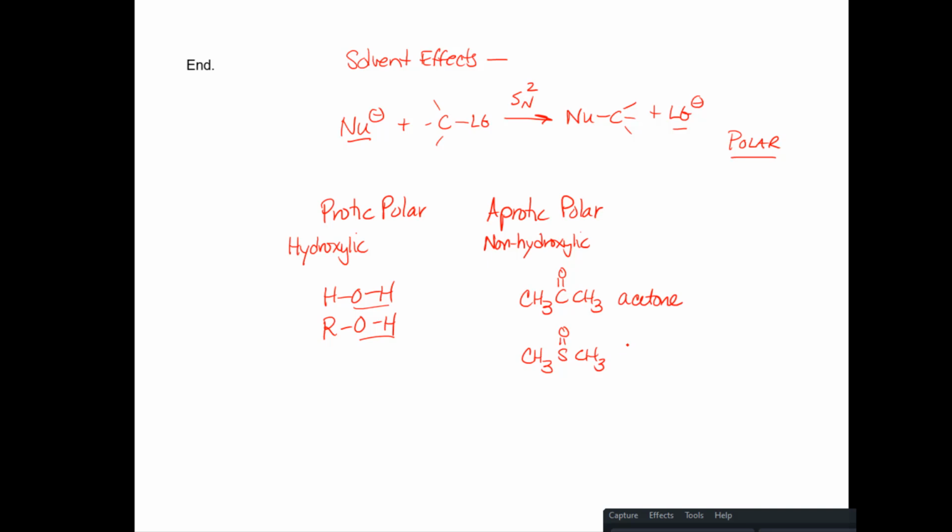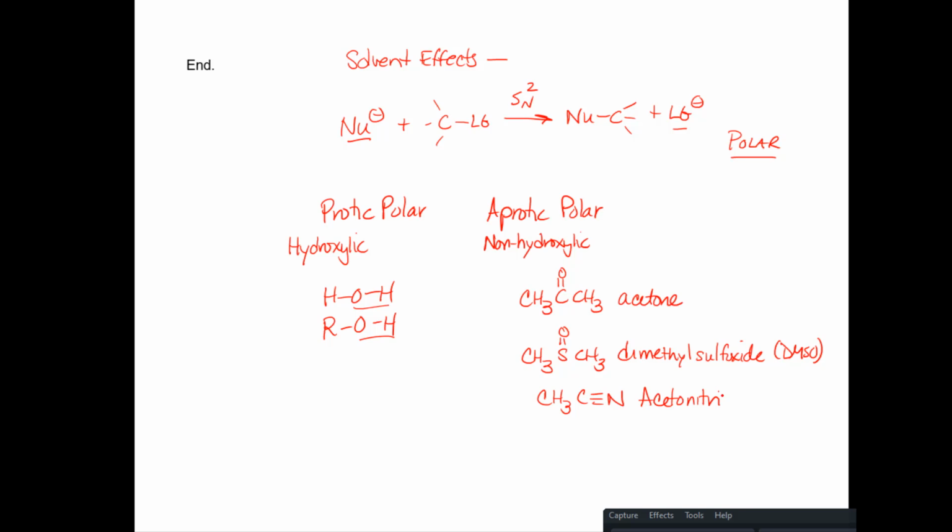Another one that's used quite a bit is acetone with the carbon replaced by a sulfur. This is called dimethyl sulfoxide, which is abbreviated DMSO. Other polar aprotic solvents are things like CH3 C triple bond N, which is called acetonitrile.